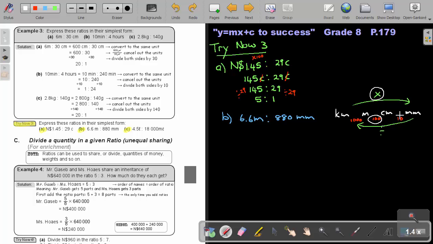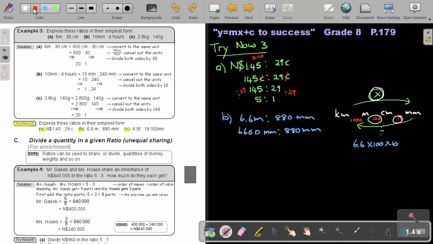We want to take the meter, so it's 6.6, multiply by 100, multiply by 10. And if you do that, you're going to get 6600 millimeters to 880 millimeters.